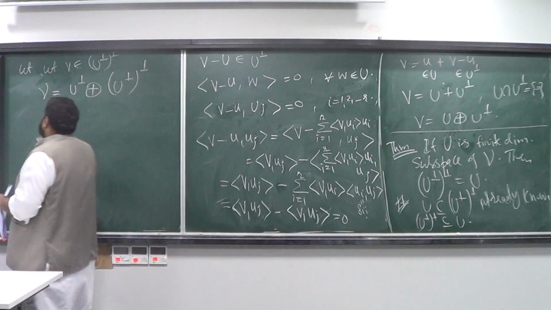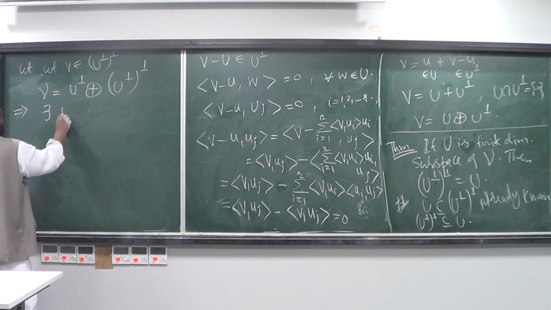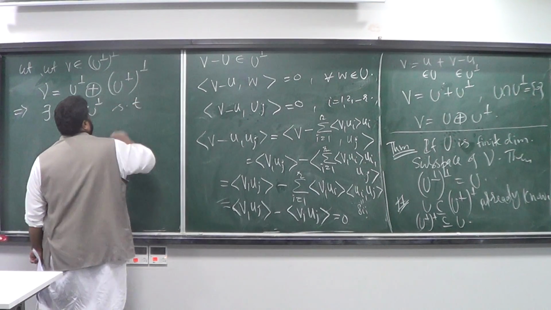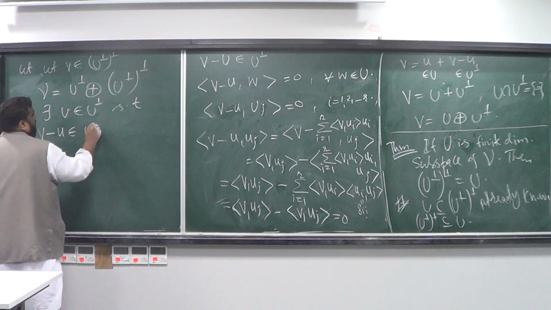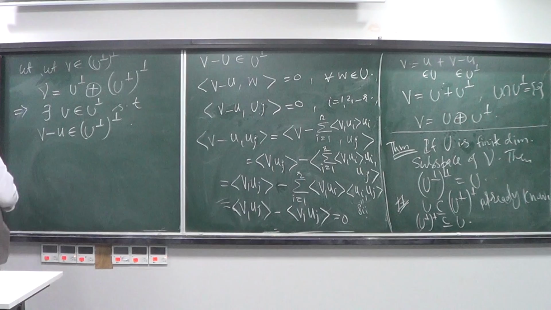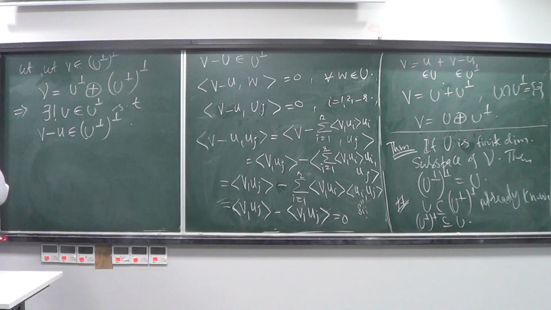So this implies there exists a unique u such that v minus u belongs to the perp of the perp.